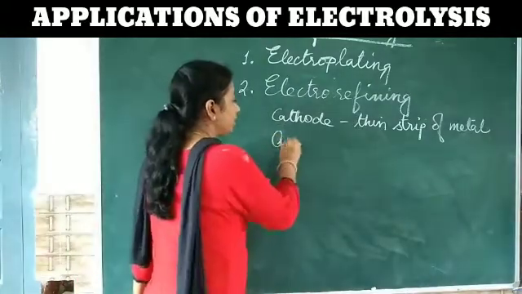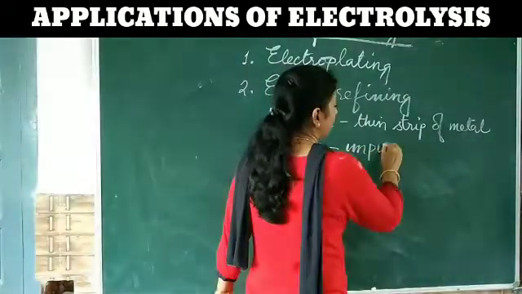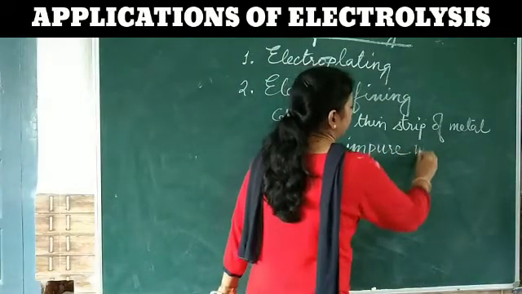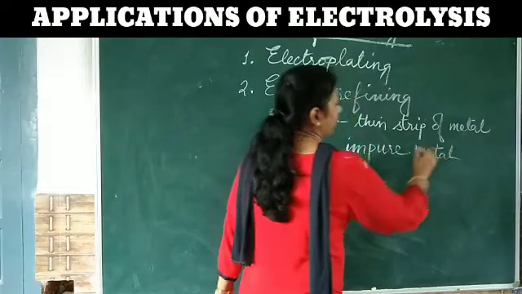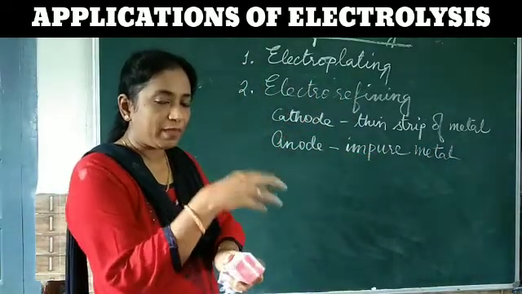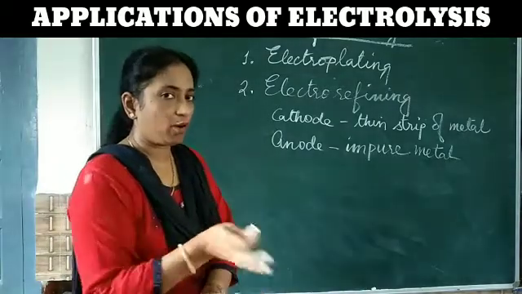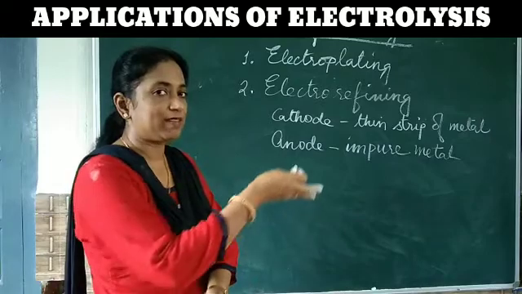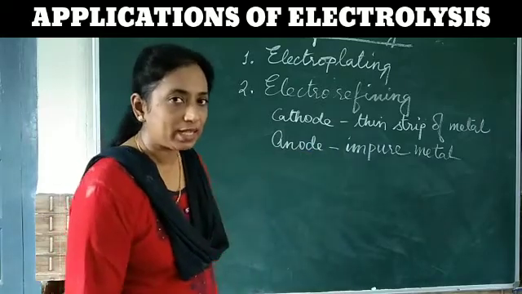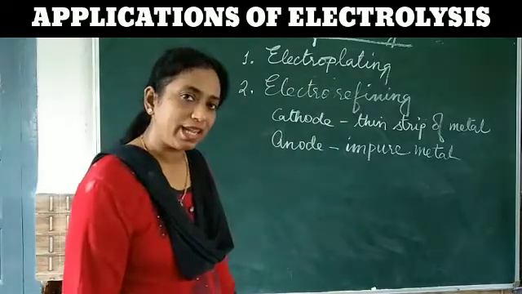The anode will be the impure metal that we have extracted. From the impure metal, only the copper ions will move towards the cathode and get deposited. So what should the electrolyte be?